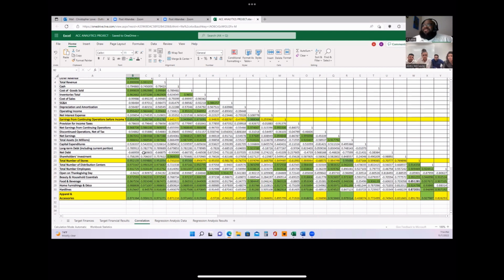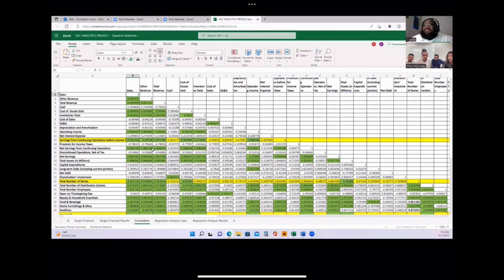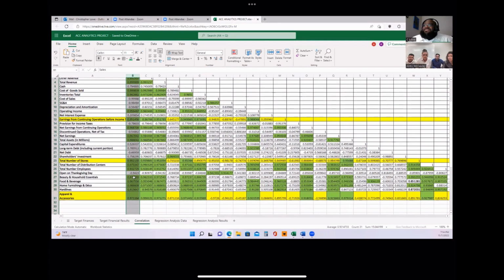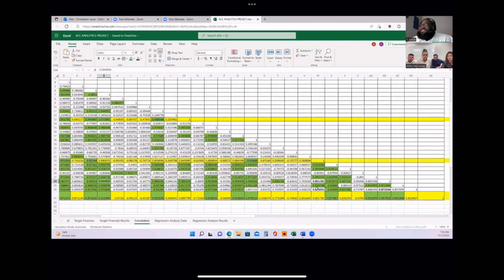Okay. So first off, we had all these variables in this column that are highlighted green that were highly correlated with sales. To eliminate some of the variables, we had to see if they were correlated with each other. Because of the multicollinearity, we had to check and see what variables were not correlated with each other and were under 0.90.